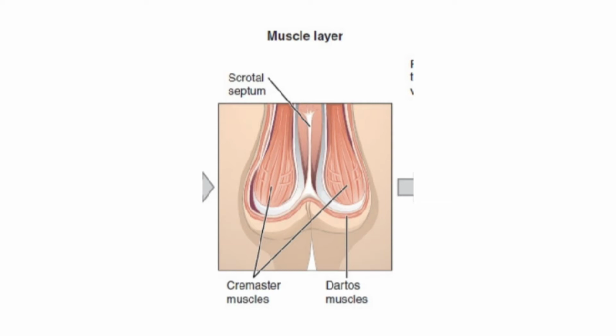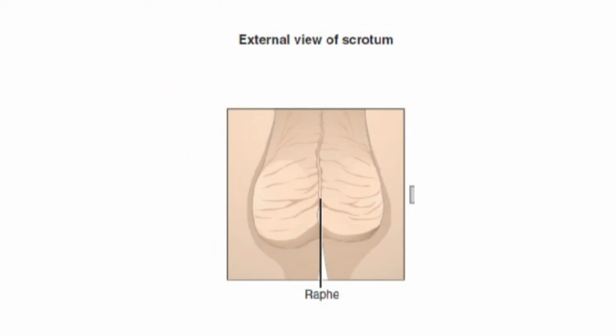Externally, the scrotum has a deeper pigmented line that is visible to the naked eye, and that line is known as the raphe.